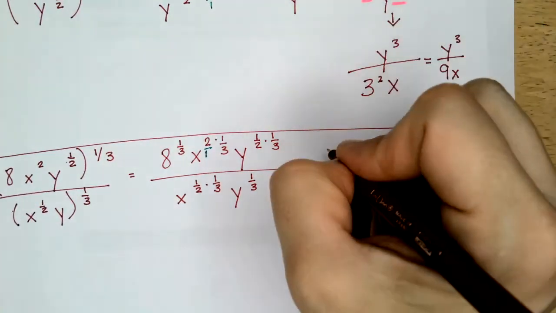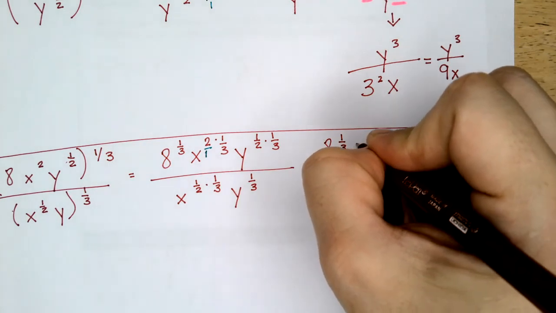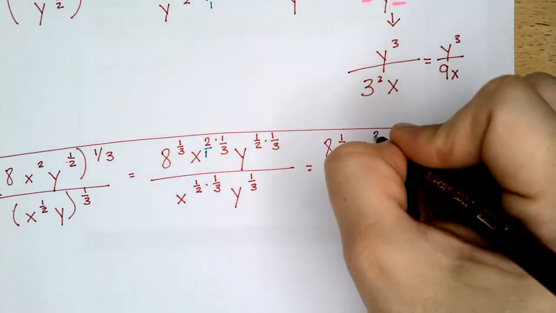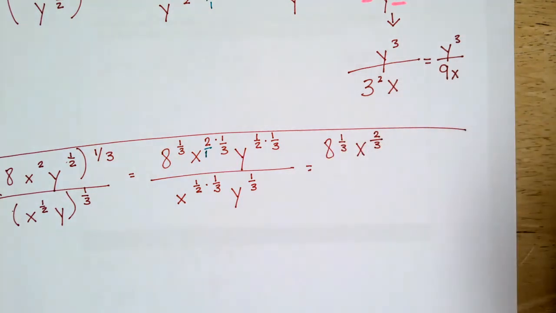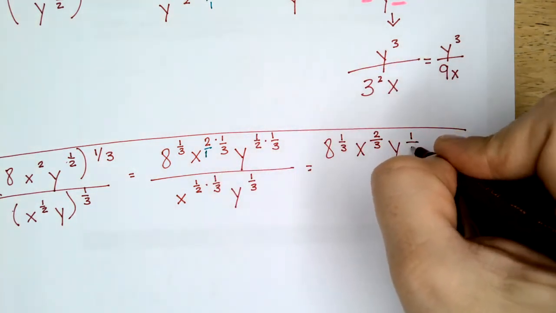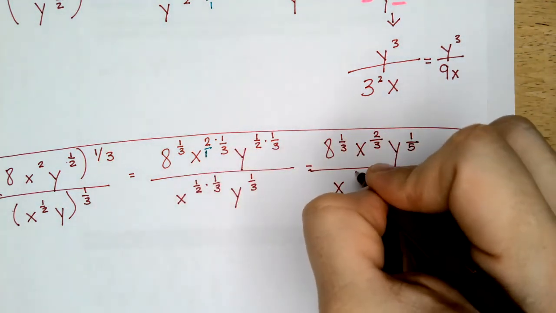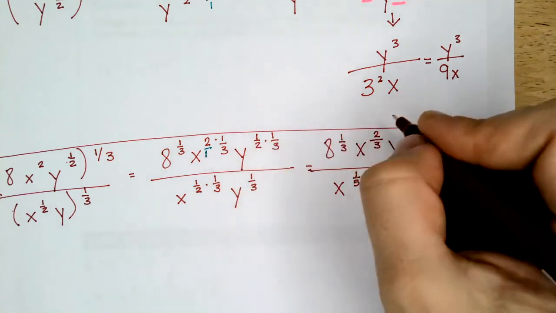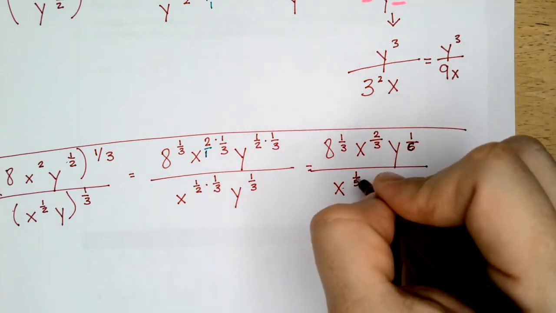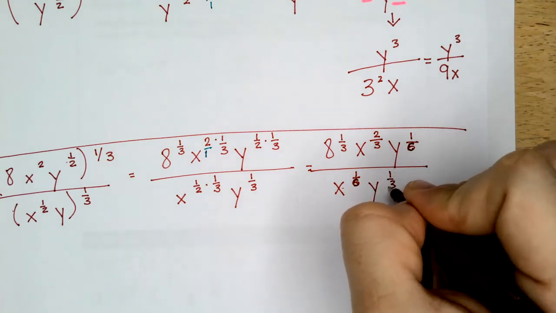Simplify that. 8 to the 1/3 times x, 2 times 1 is 2, 1 times 3 is 3, to the 2/3, y, 1 times 1 is 1, 2 times 3 is 6, to the 1/6, x to the 1/6, y to the 1/3.